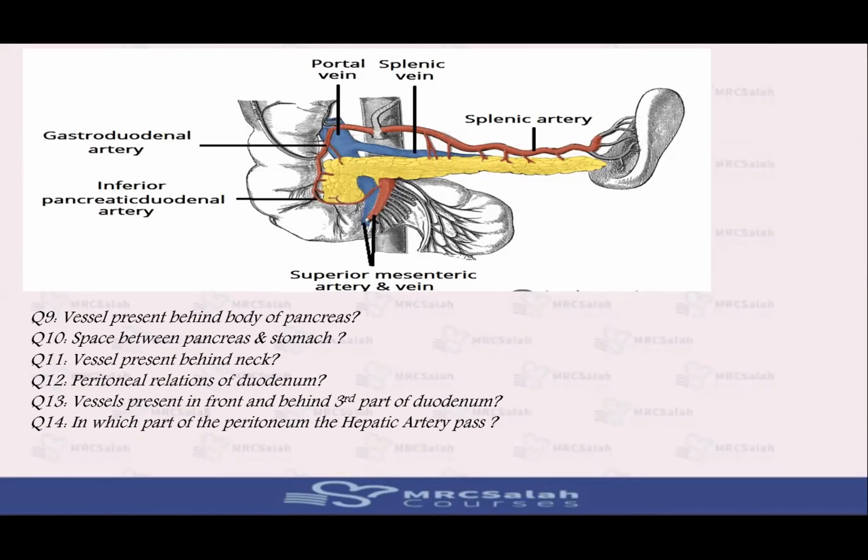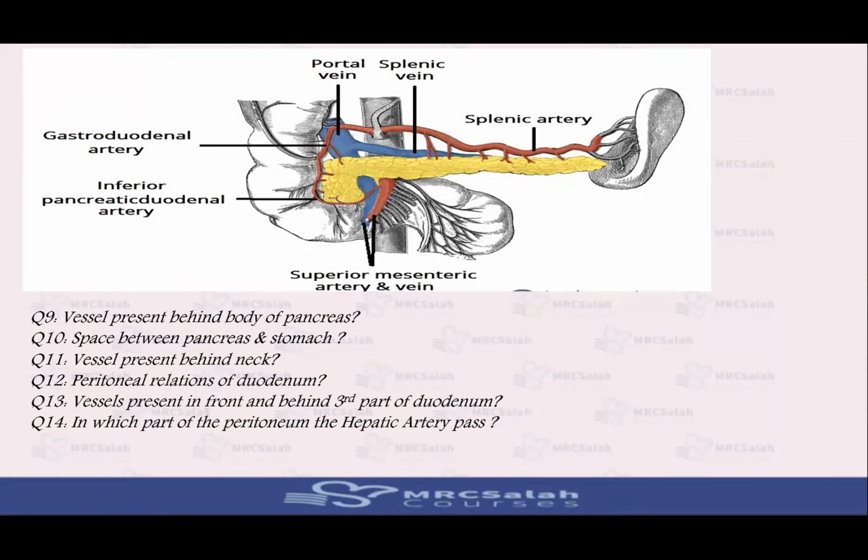Dr. Maria asked you what is behind the neck? Portal vein. Formed by what? Formed by the superior mesenteric vein and splenic vein. What about the inferior mesenteric? Inferior mesenteric drains into the splenic vein.